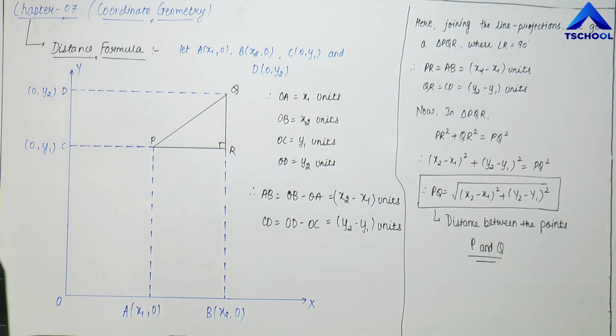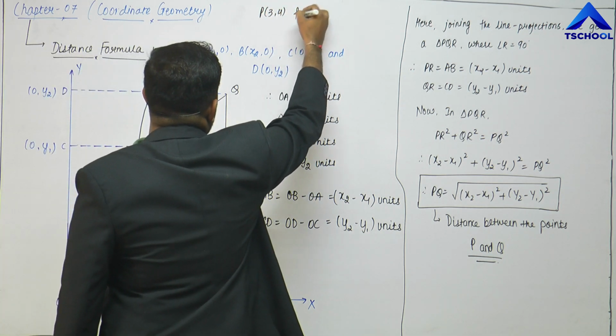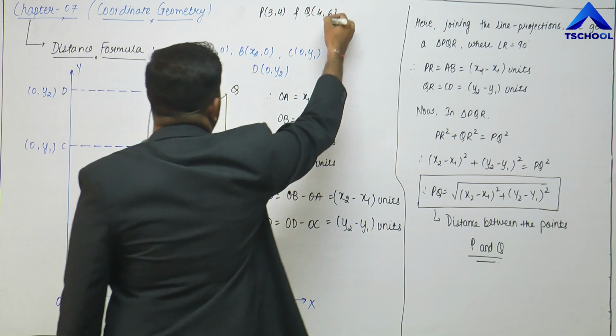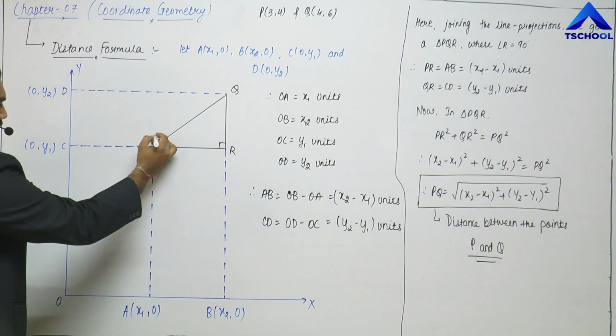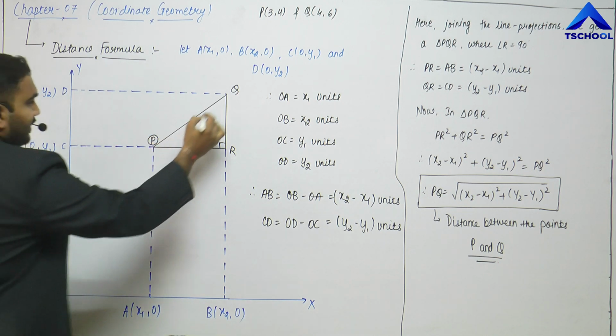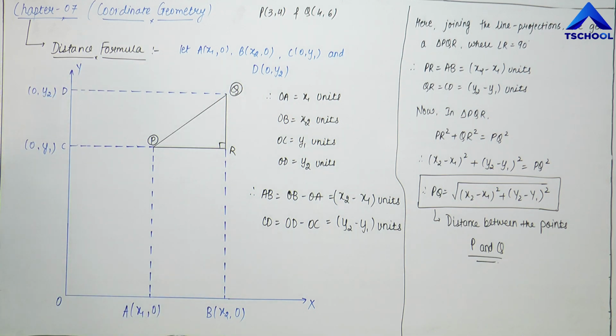Sometimes it will be given like, find the distance between P(3, 4) and Q(4, 6). Then what to do at this time? Shall we draw this graph here? No, we shall not. So what to do at that time? Simply, friends, what are the coordinates of point P and what are the coordinates of point Q? Can you find out? Yes or no?